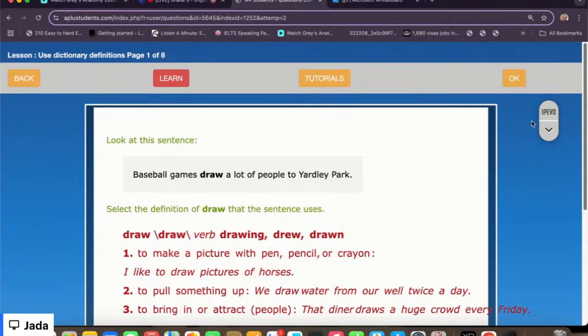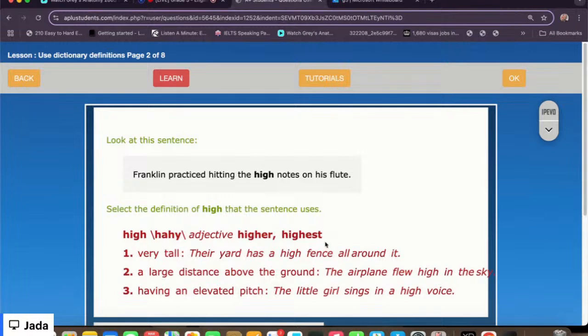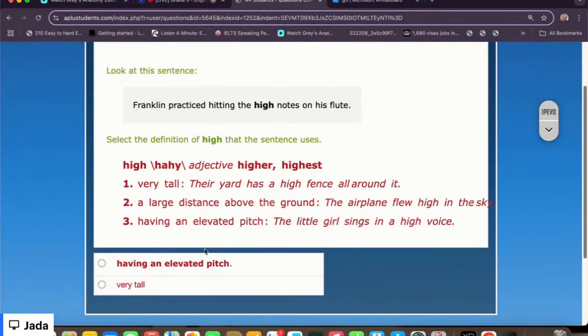Okay, so we have to attract. Okay, that's good. Okay, so Franklin practiced hitting the high notes on his flute. So, which of these definitions is suited for high? Having an elevated pitch or very tall?